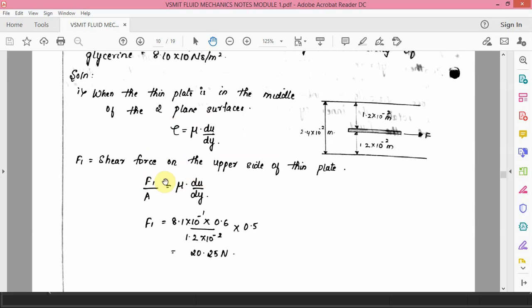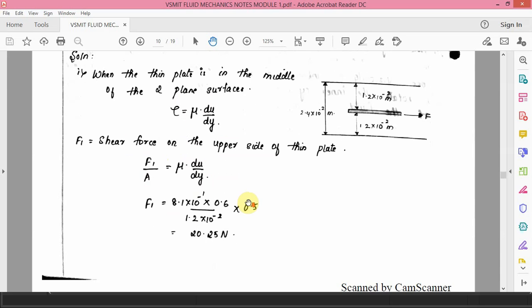Therefore, F1 is the shear force on the upper side of the thin plate, that is F1 upon A equal to mu into du by dy. Therefore, F1 is equal to 8.1 into 10 raised to minus 1 into 0.6 into 0.5 divided by 1.2 into 10 raised to minus 2, that is 20.25 Newton.